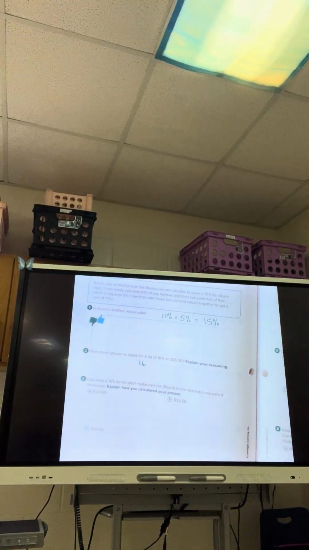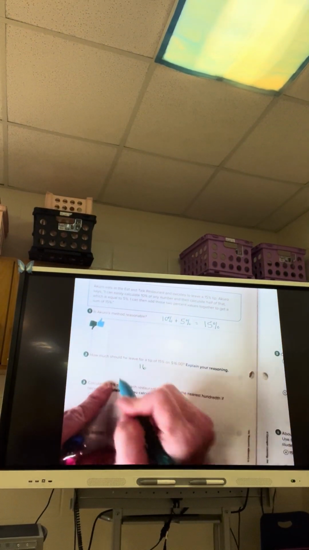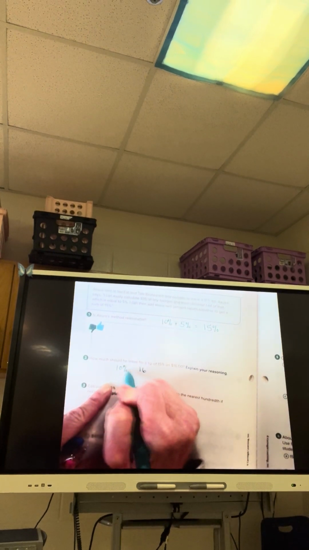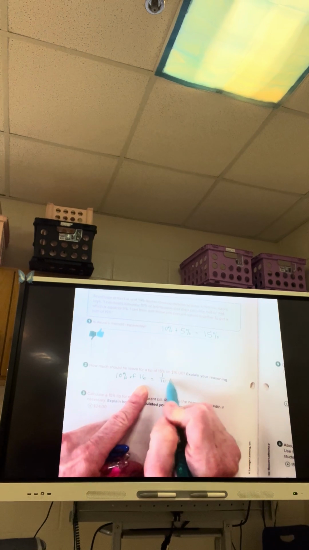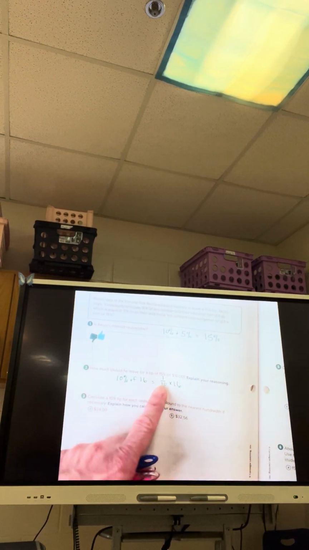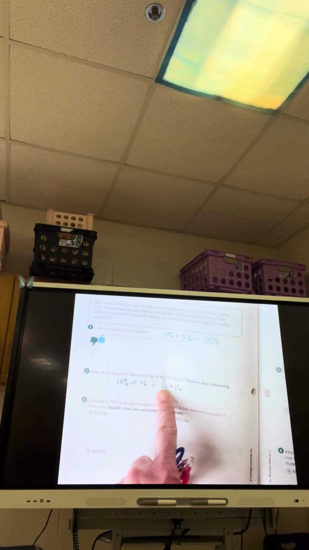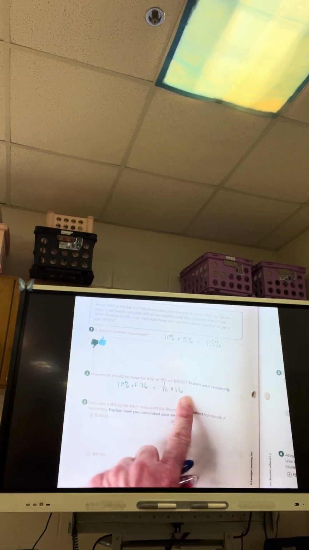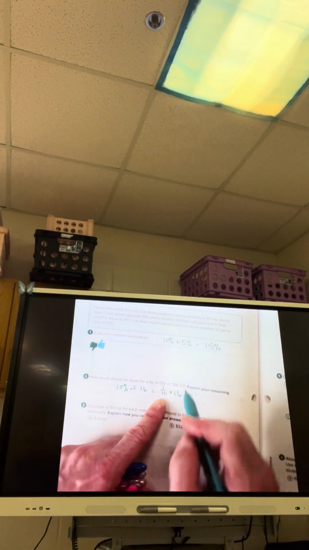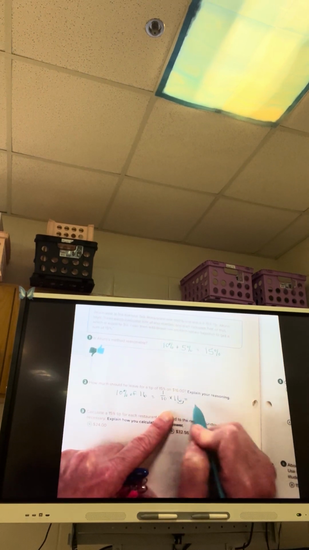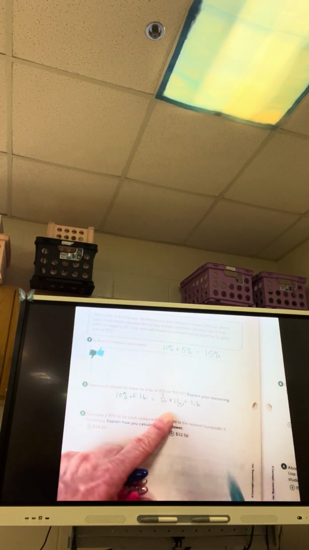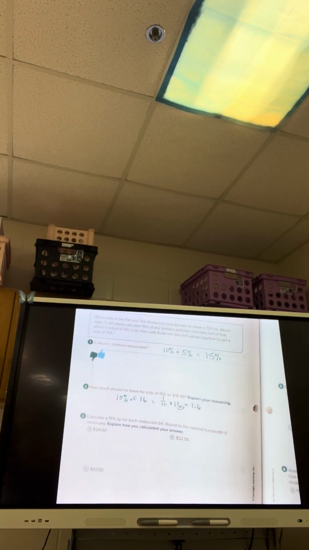So 10% of 16 would be 1/10 times 16. That's only moving the decimal one to the left. It should be getting smaller. It's one power of 10. So it would be 1.6. Okay? So 1.6 is 10%.